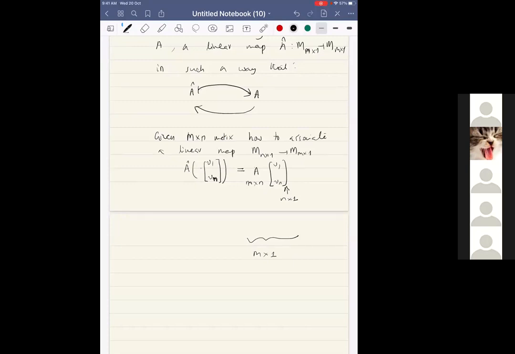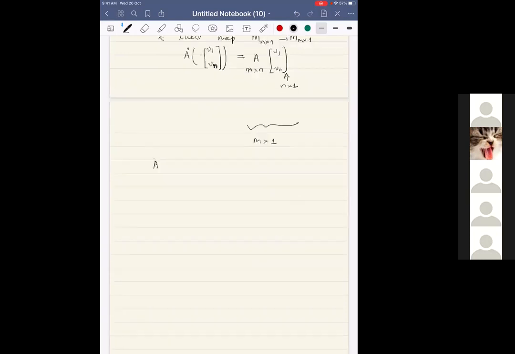A hat, that this is indeed the correct thing to do, because what is A hat of (v1, ..., vn)? This is A hat acting on the sum of v_i e_i, i equal to 1 to n. I have just written the column vector of length n in terms of the basis vectors that we have already got. Remember, v1 to vn are n real numbers. So this makes sense.